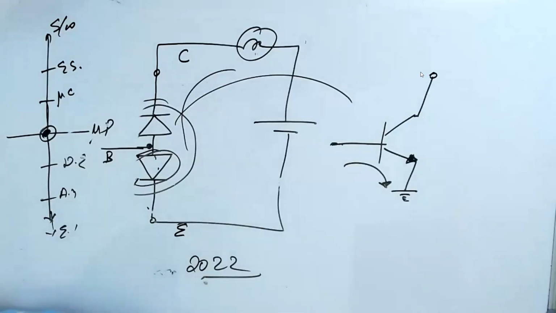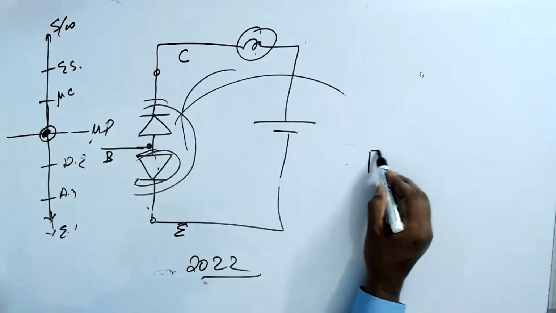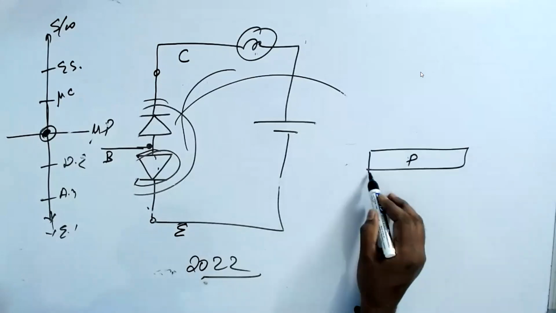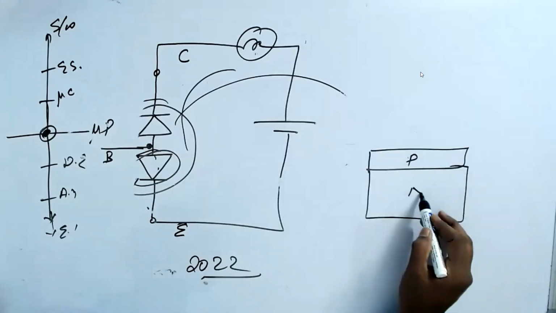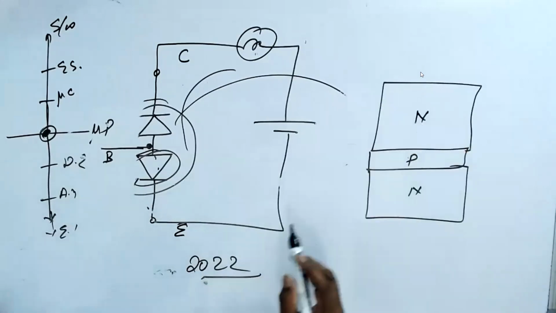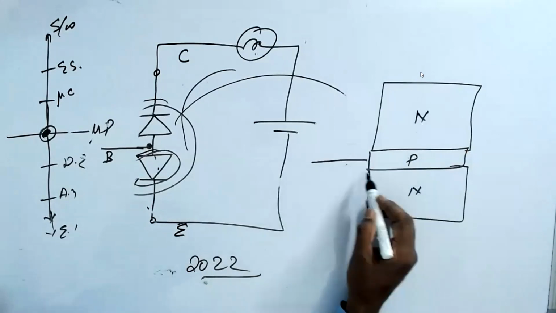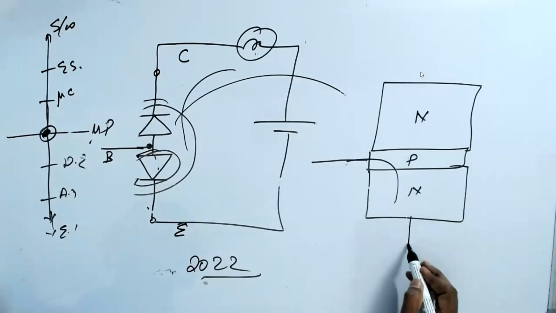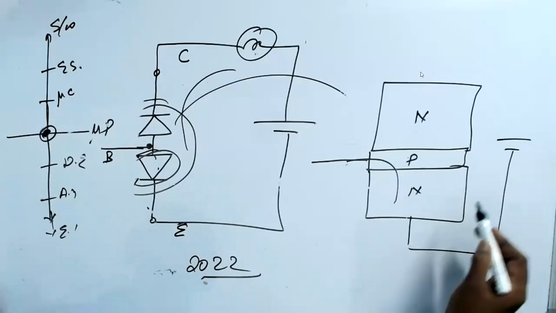We have discussed in the last class, here is this small element, P and N and P. Now you give a current here, and that is going to give a current through this path.